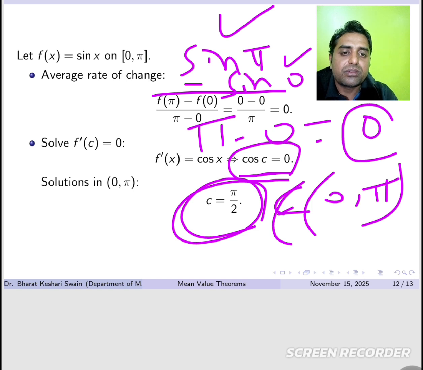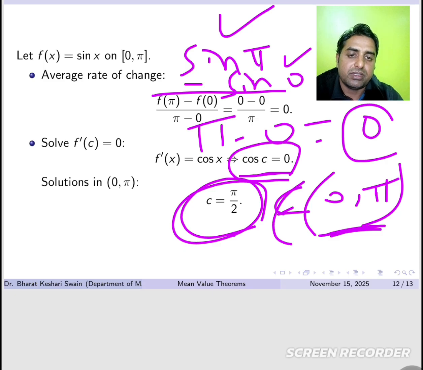So we found that c is the point pi by 2 in between 0 to pi, where f dash c is equal to f of pi minus f of 0 divided by pi minus 0. So this is the verification of the Lagrange mean value theorem.